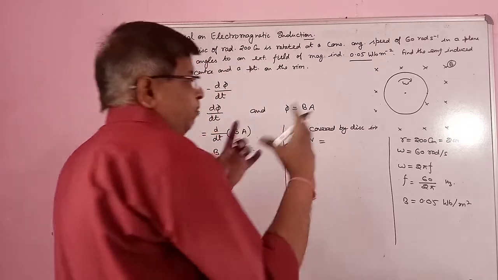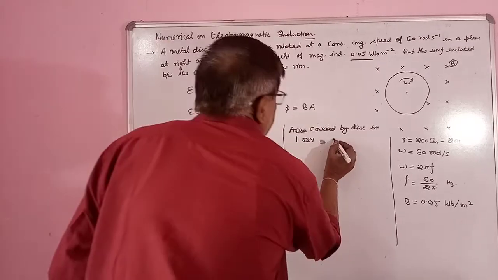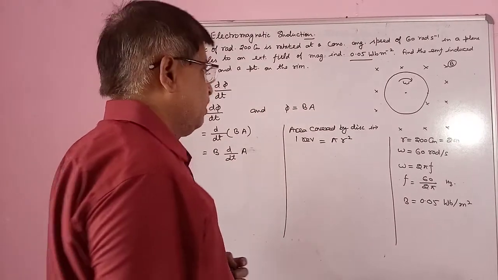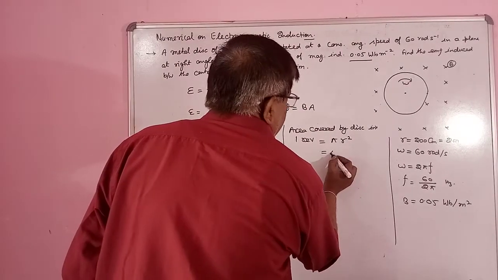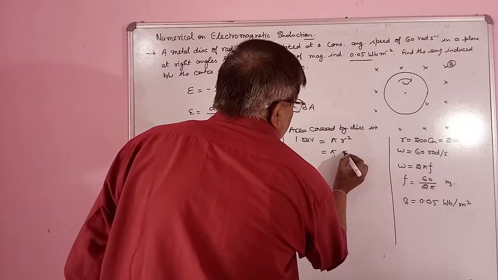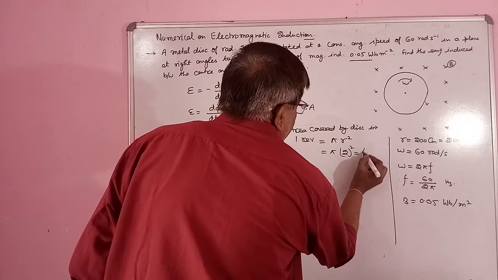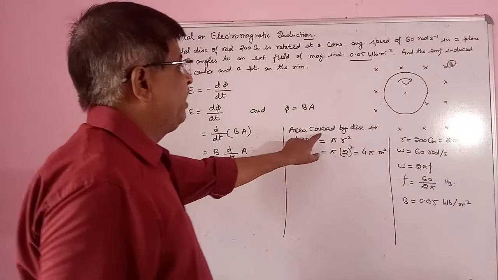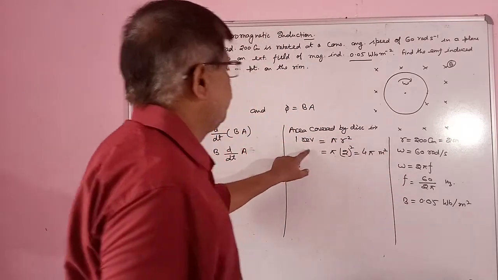How much area in one revolution? That is pi r square. Pi is pi and r is 2, squared that is 4 pi meter square. That is the area covered by the disc in one revolution.